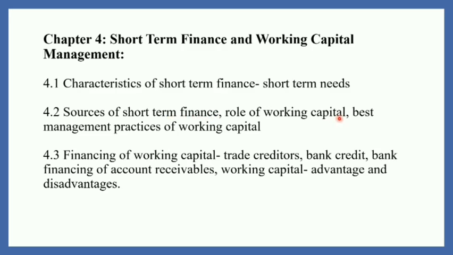Then the role of working capital and best management practices of working capital. The third point is financing of working capital: trade creditors, bank credit, and bank financing of account receivables.